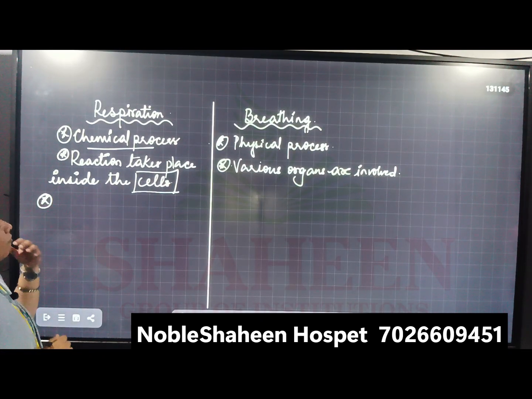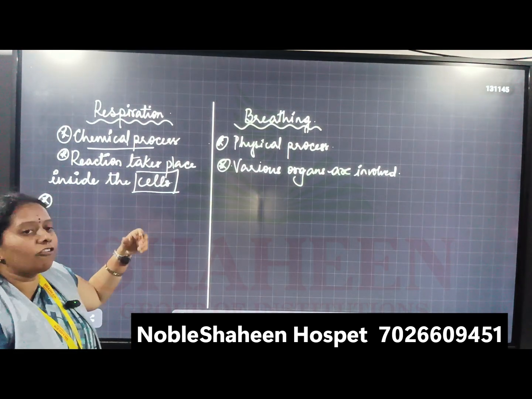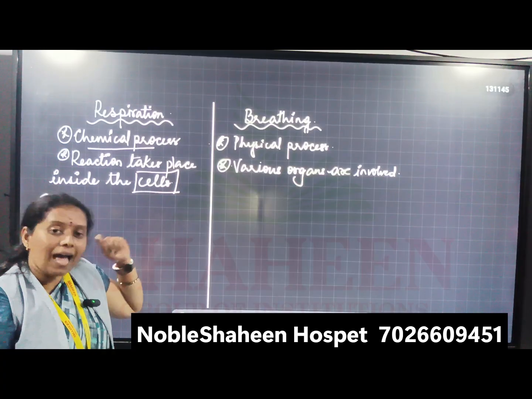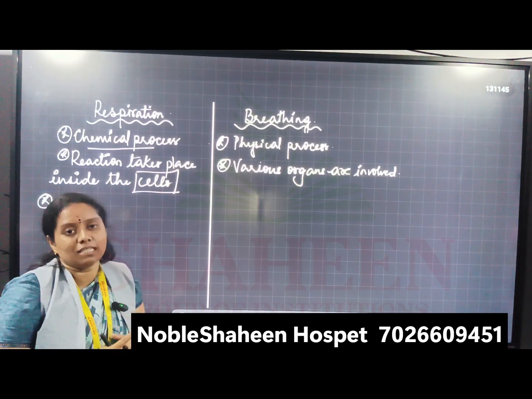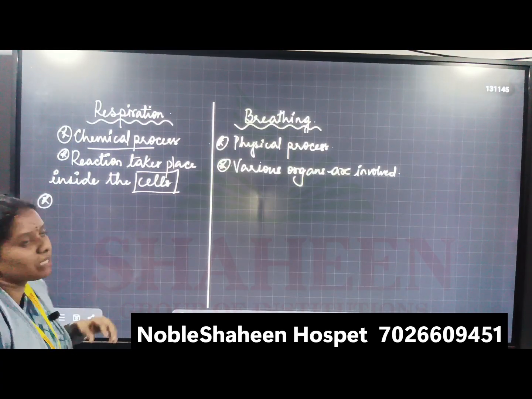And yes, for this respiration, where the cell is undergoing these different functions, it has to have a catalyst, which is nothing but enzymes. So for respiration, enzymes are needed.